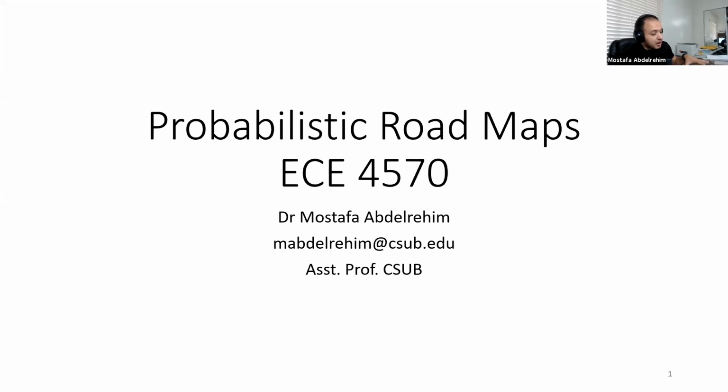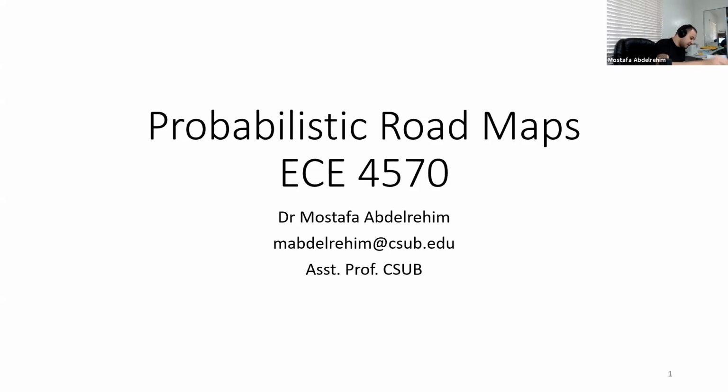Probabilistic roadmaps are another algorithm by which the robot can build its own map, created from scratch. It's very useful for large maps, because if you construct them using grid cells, you may use a lot of memory.